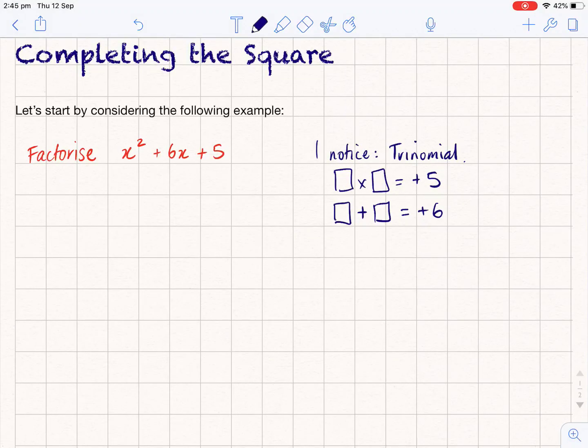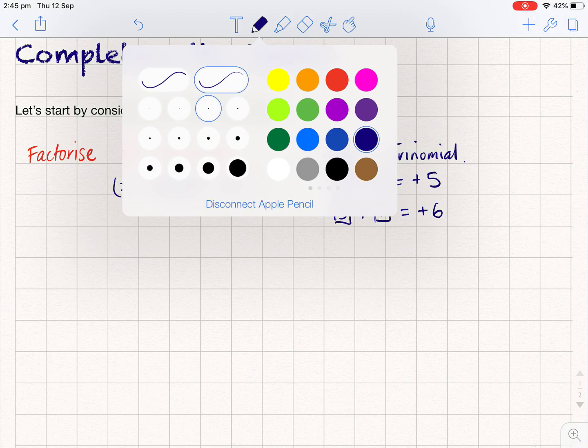I can say that 5 times 1 is equal to positive 5, and 5 plus 1 equals 6. So I can factorise this expression by making it x plus 5, x plus 1. And that's all done. That's pretty straightforward.